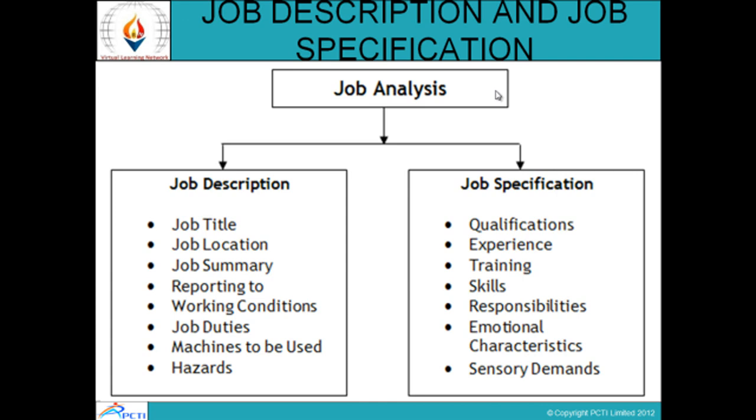Job description is all about the job: job title, job location, job summary, reporting to whom, working conditions, job duties, machines to be used, hazards. Whereas job specifications are more towards qualifications, experience, training, skills, responsibilities, emotional characteristics and sensory demands.